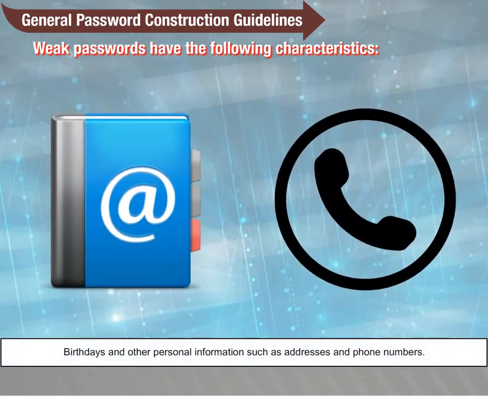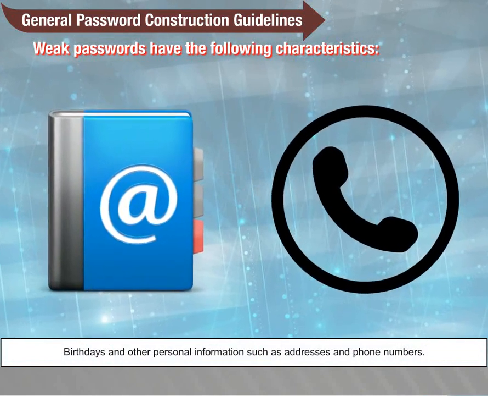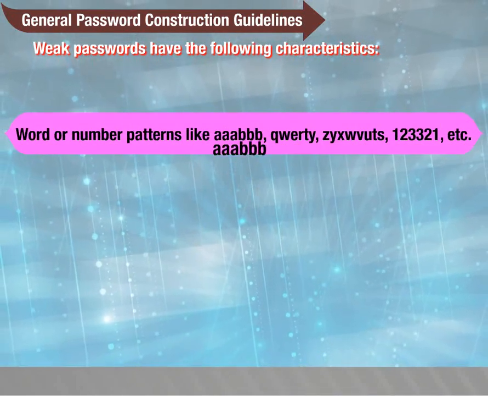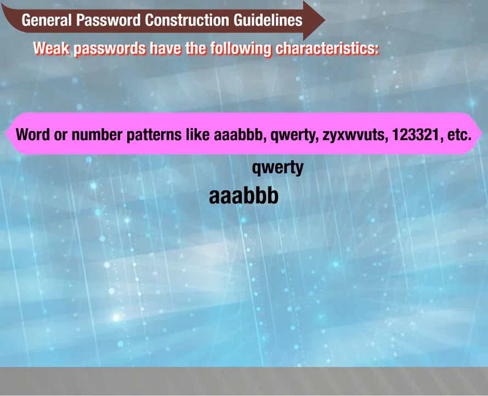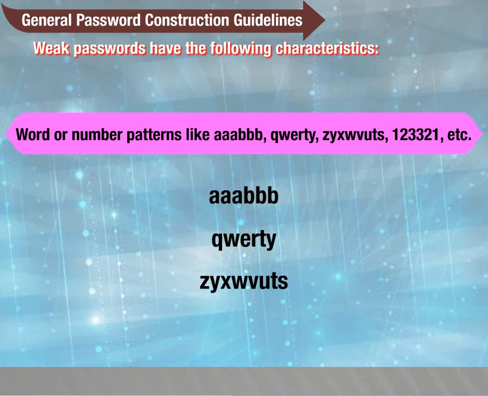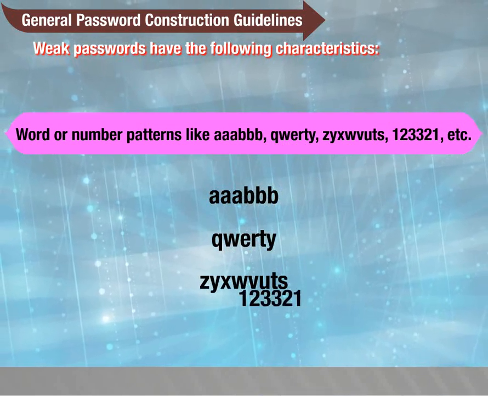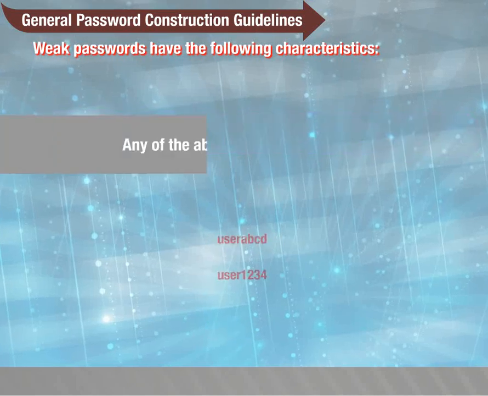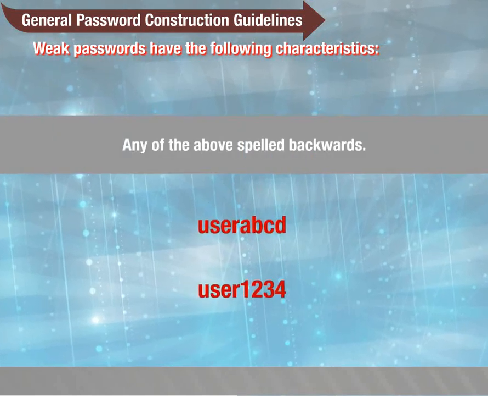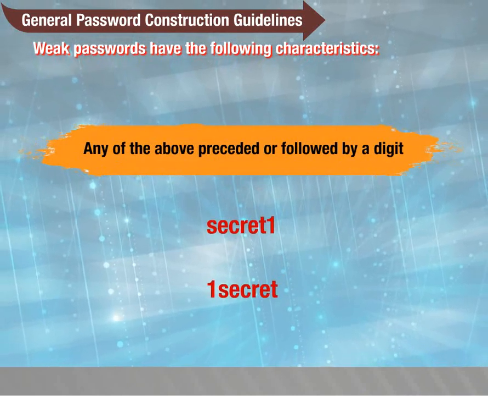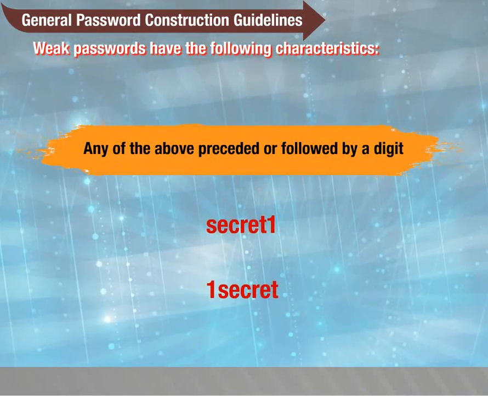Birthdays and other personal information such as addresses and phone numbers. Word or number patterns like AAABBB, QWERTY, ZYXWVUTS, 123321, etc. Any of the above spelled backwards. Any of the above preceded or followed by a digit, for example, secret1 or 1secret.